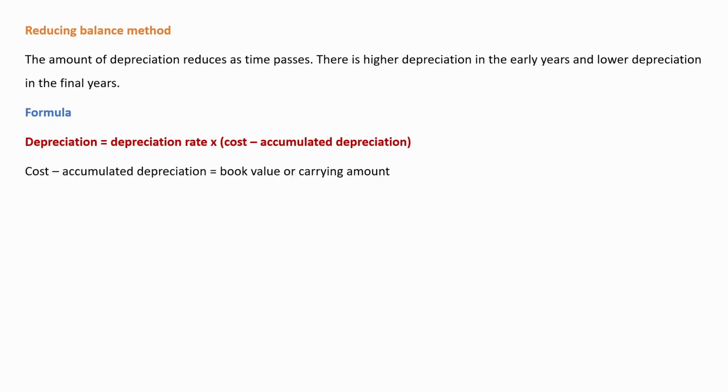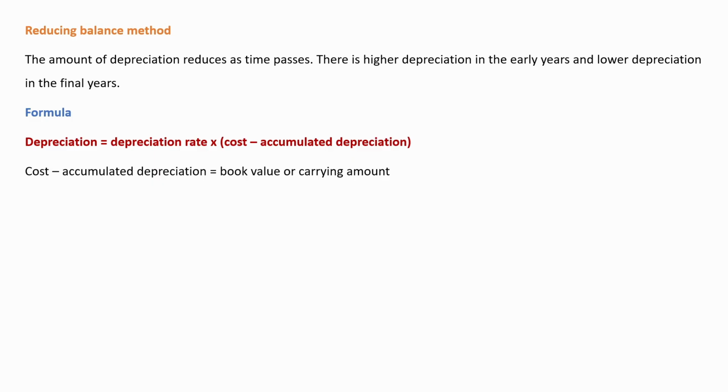So in this method, the amount of depreciation reduces as time passes. So there is higher depreciation in the early years and lower depreciation in the final years. So the formula we use is shown here. Depreciation is equal to depreciation rate times, in brackets, cost minus accumulated depreciation.